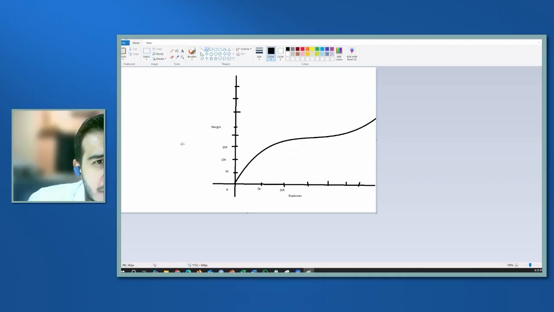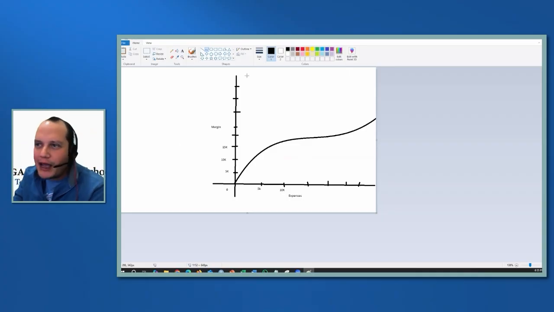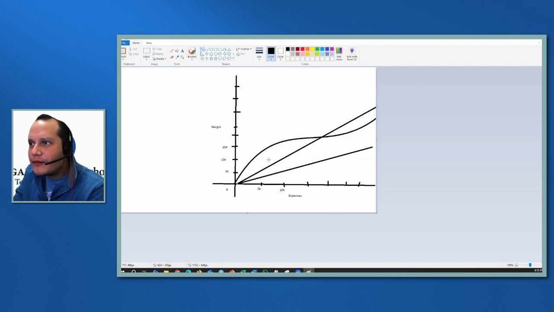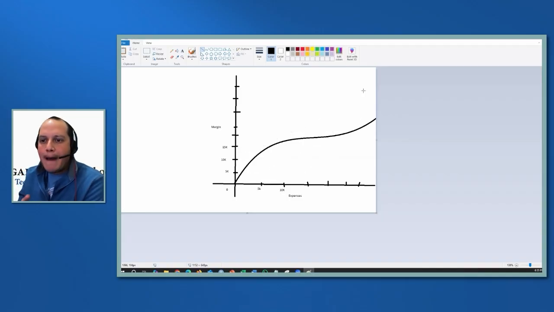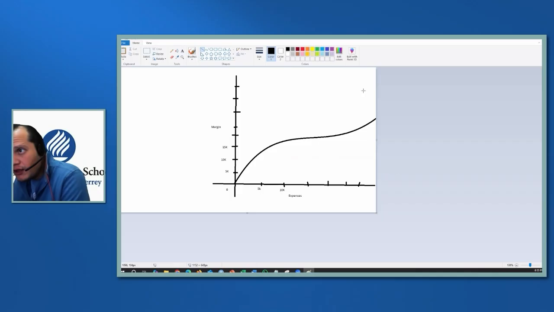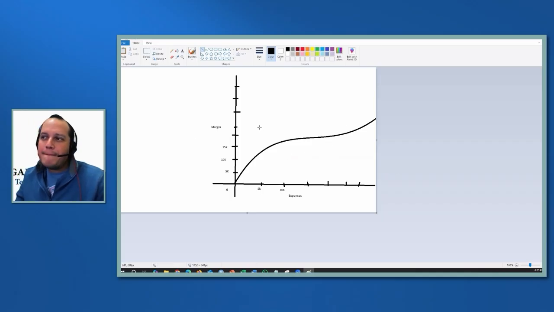No, because if it were multinomial, it would be only different lines, but in different behavior, right? So this one can be either polynomial due to the inflections that we have, or binomial, no, because we have more than one inflection, right? So pretty much it can be a polynomial regression, right?